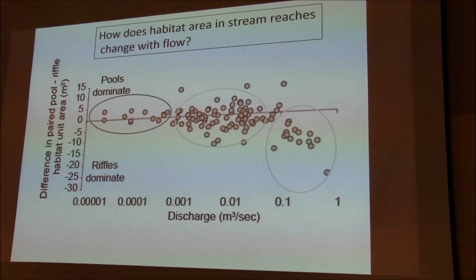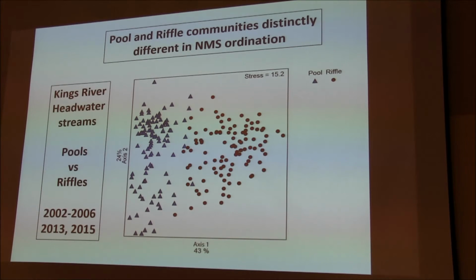So what about how the communities then differ specifically between riffles and pools? Not really surprising. These are very different kinds of environments, erosional and depositional environments. So now if we look at this NMS ordination of all the pool and riffle sites over the full span of time, over all these variations in hydrologic regime, 2002 to 2015, you can see that the pool and riffle communities distinctly differ in their ordination positions here.